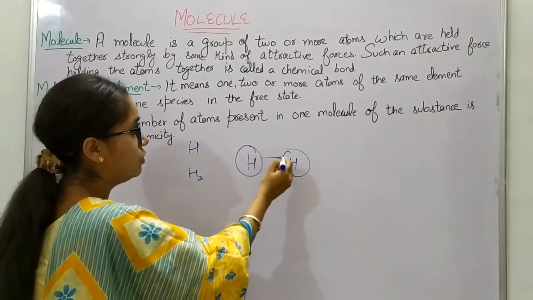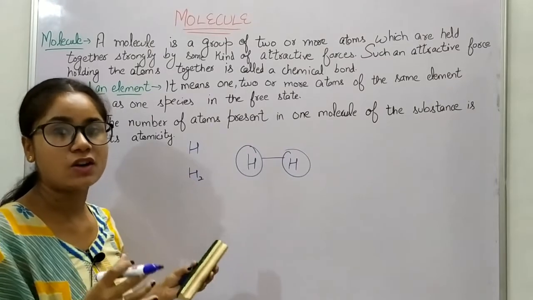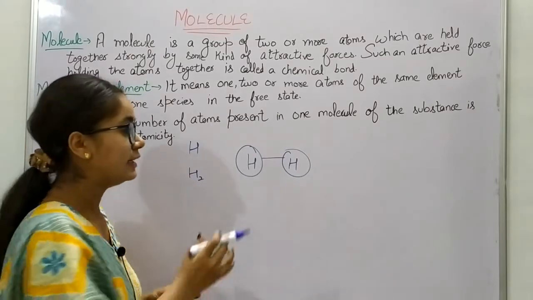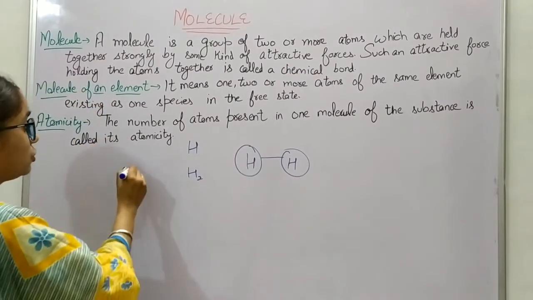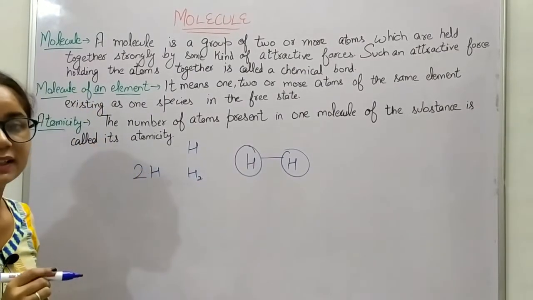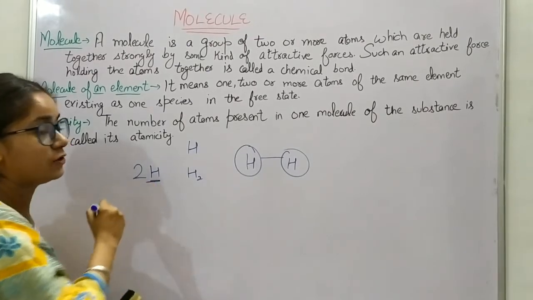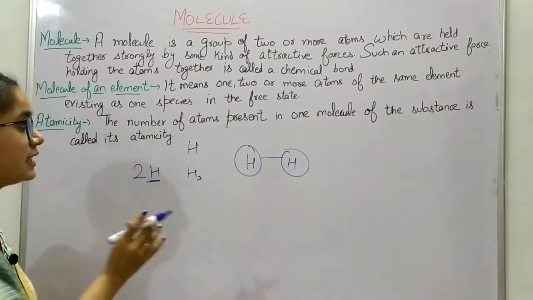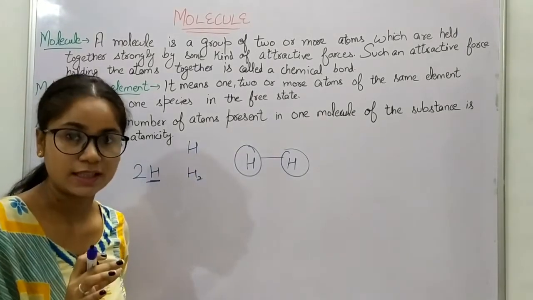When these two hydrogen atoms are held together with a strong chemical bond, these are termed as molecule, and it would be written as H2, not 2H. Why? Because this 2H means there are two atoms of hydrogen. Okay, but this H2 means there is a molecule of hydrogen.